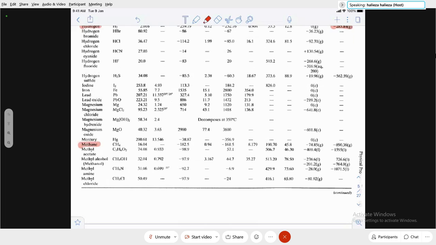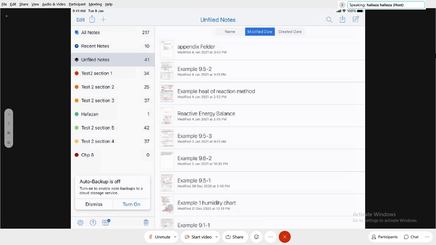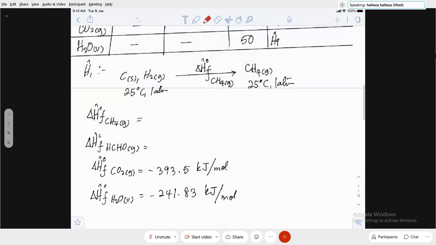The heat of formation for methane gas is negative 74.85. Okay guys, now we go back to our example. For methane it's negative 74.85 kilojoules per mole, and for formaldehyde it's negative 115.90 kilojoules per mole.